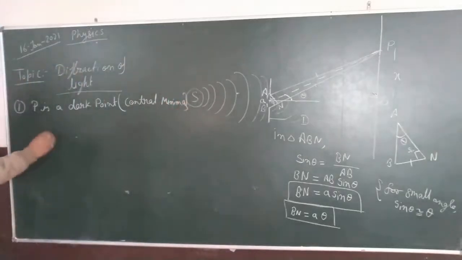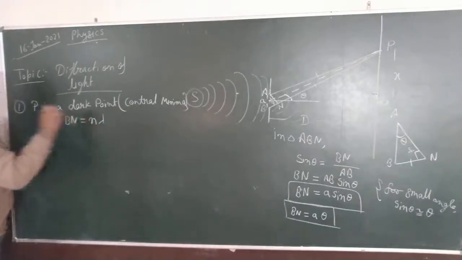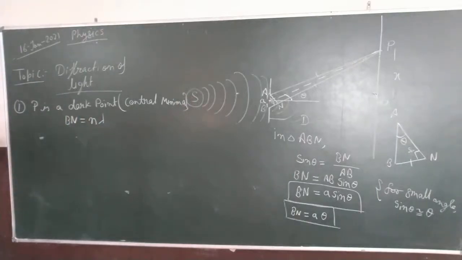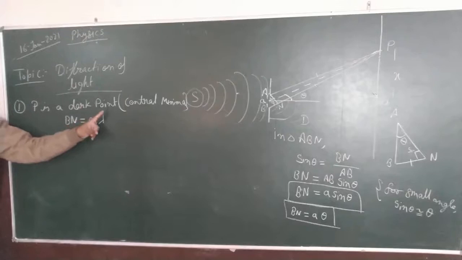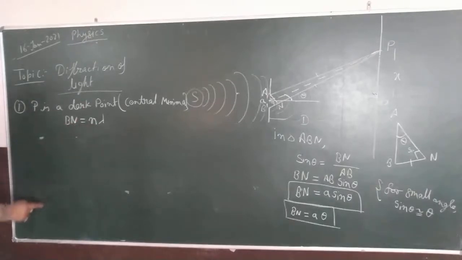Path difference BN is equal to n lambda. It is just opposite to the interference pattern. In the interference pattern, the bright point is at n lambda path difference. Clear? But here it is this.